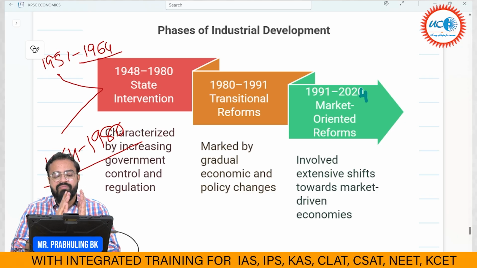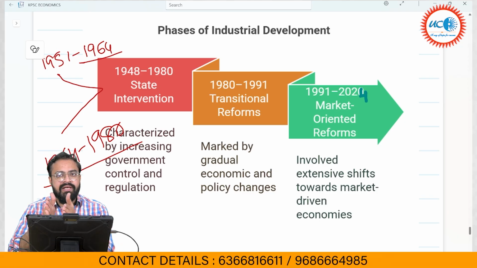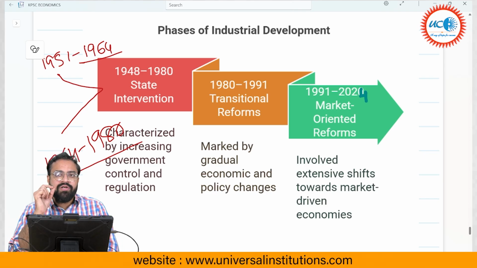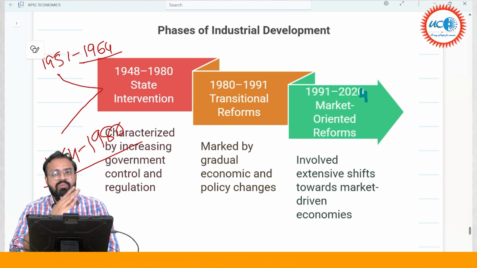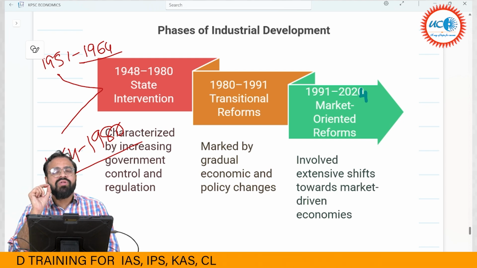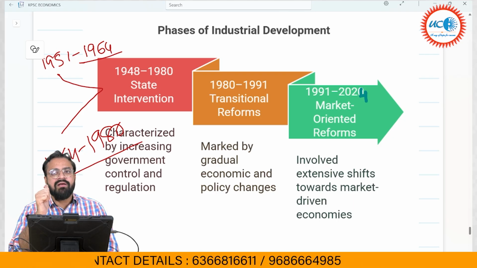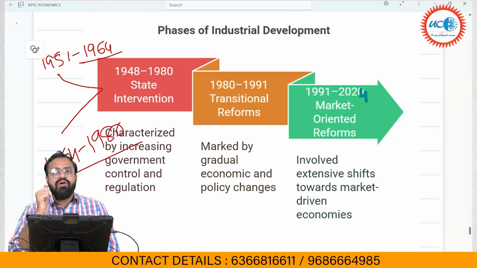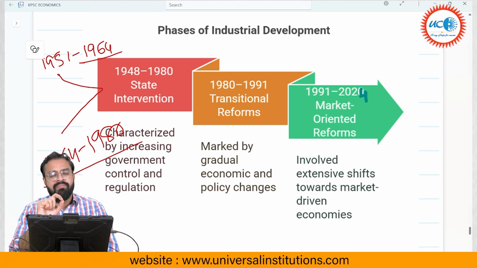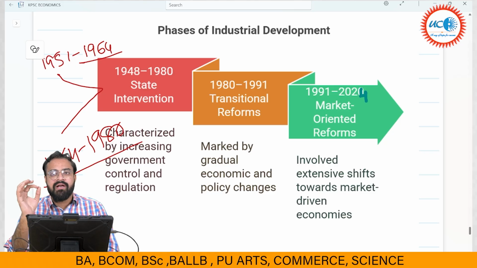In the next video, we are going to look at what happened to India in 1980 to 1991, and what happened from 1991 to 2024. After that, we are going to look at some of these schemes that were brought in the last 78 years, and we will see some important data. Because I am saying this again very clearly, in economics we are supposed to use data and the relevant scheme, then only our answer is going to become more effective.